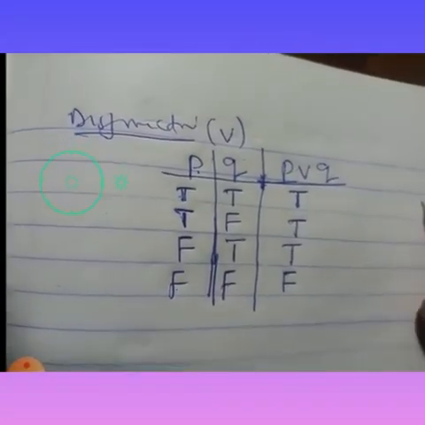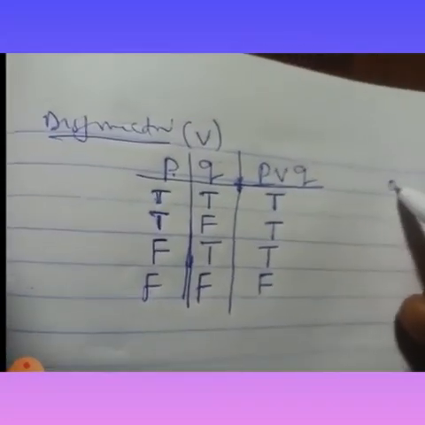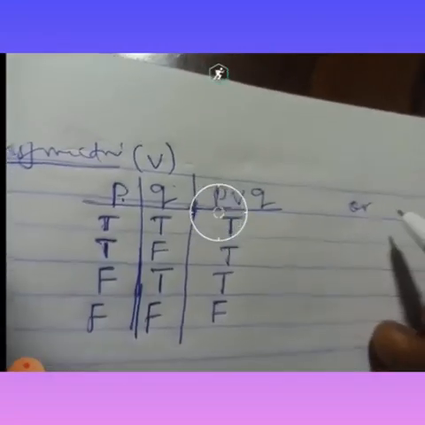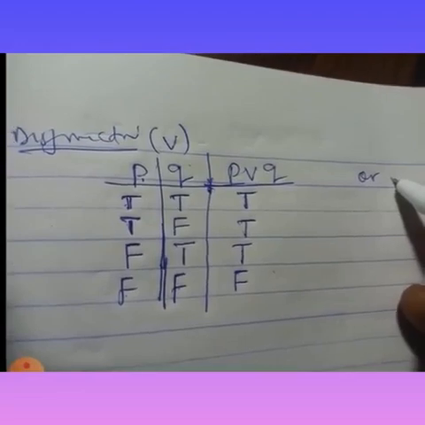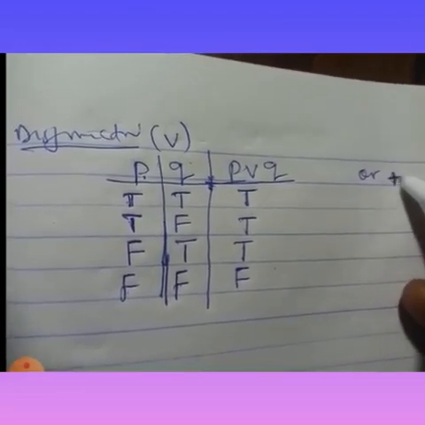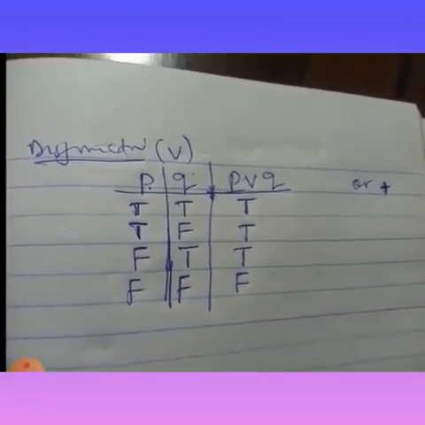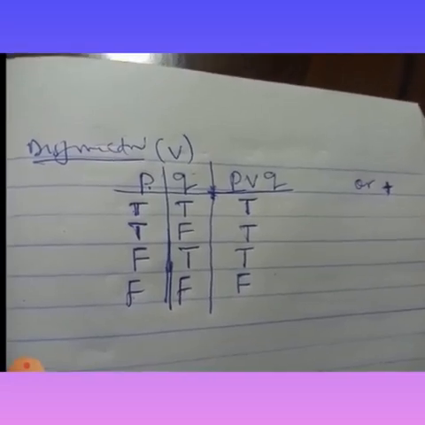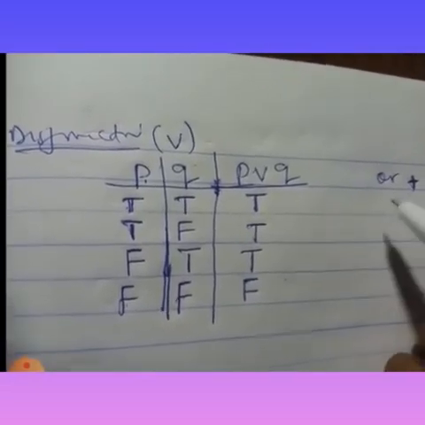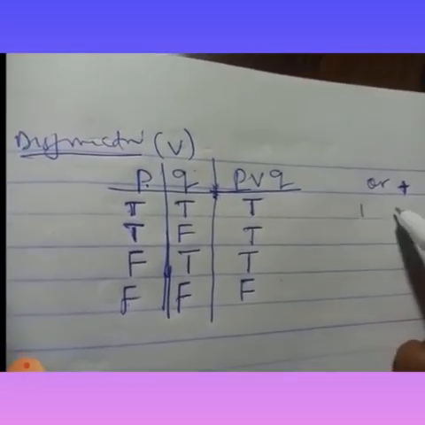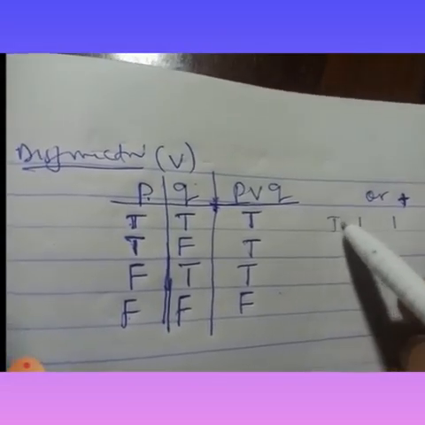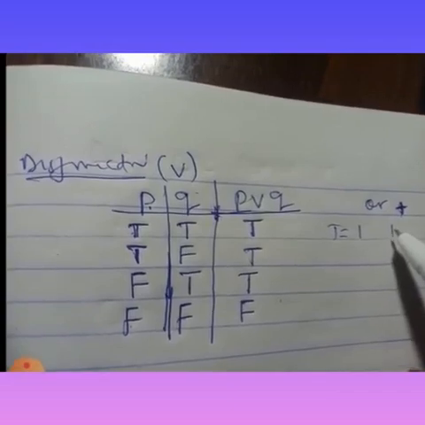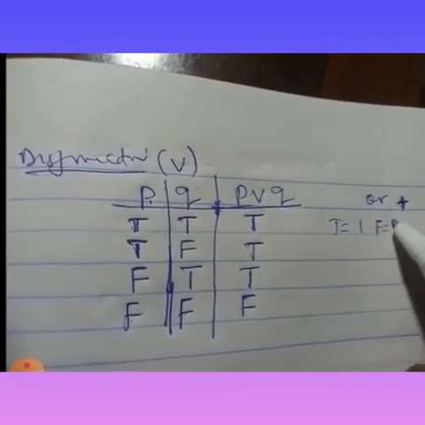Disjunction, like I told you, is or, which here I would like to liken to plus. Call it plus. Now, if you remember in your logic gate, let true be 1 and let false be 0.